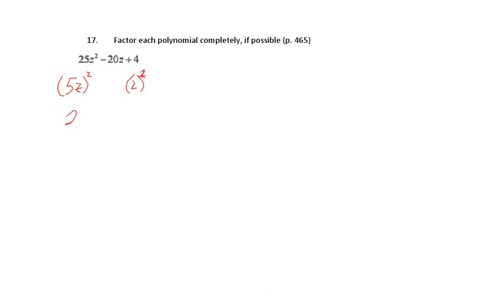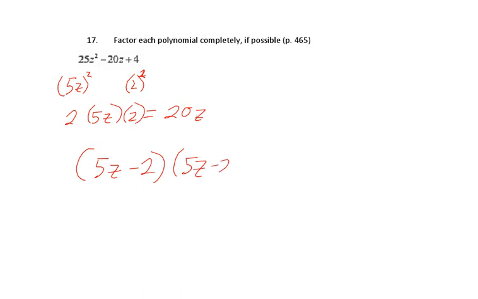If you do 2 times 5z times 2, you do get 20z, which is in the middle, except it's negative. So what this means is you can rewrite this as 5z minus 2 and 5z minus 2. And that is your answer.